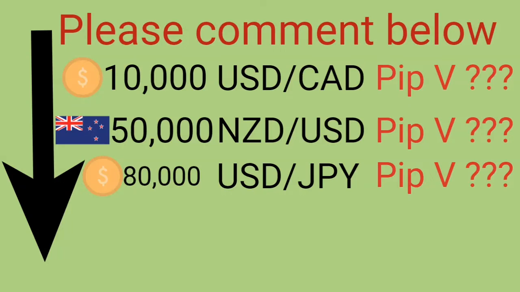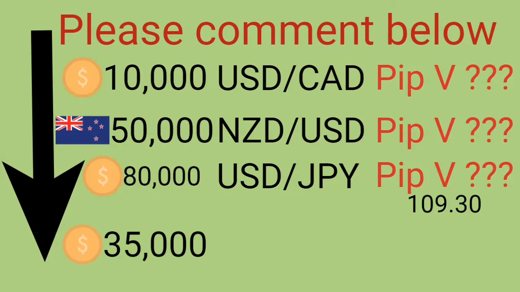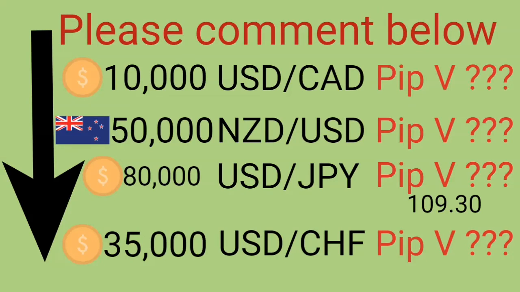In this example, the exchange rate is going to be 109.3. And another one: if we have $35,000 on a USD/CHF pair, how much is the pip value? Please comment below.